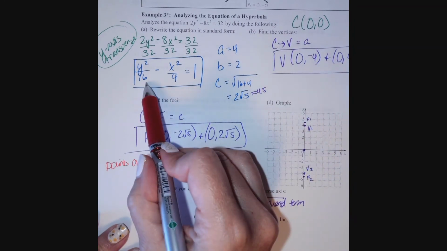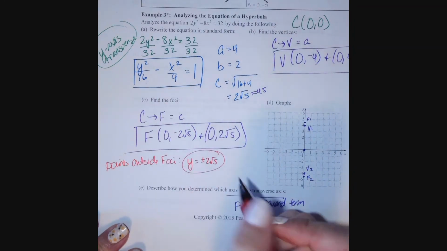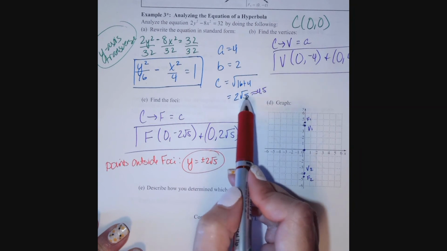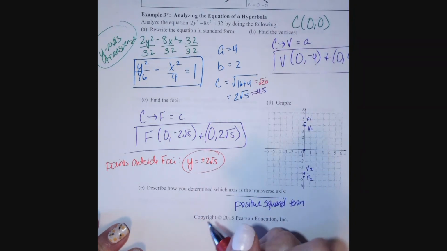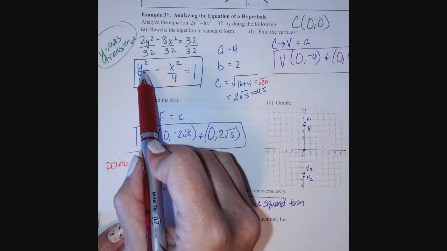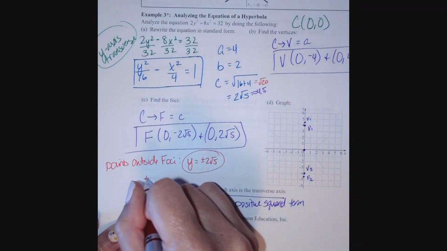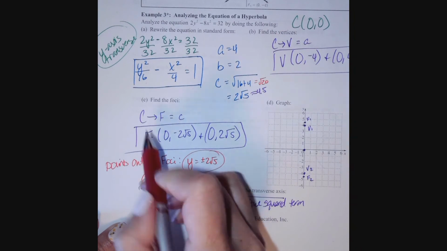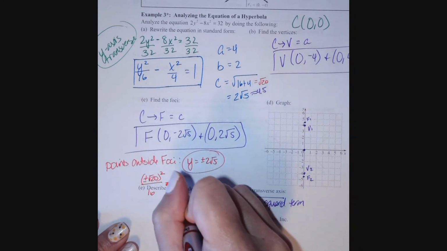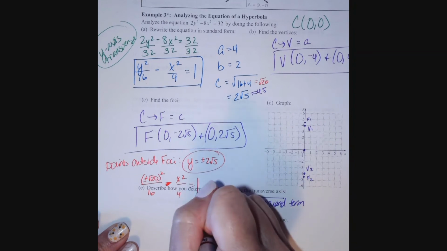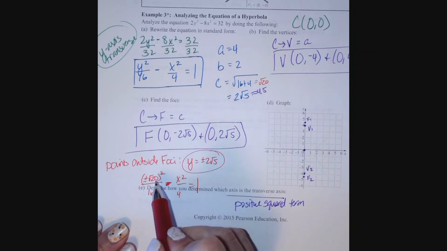So we go to our equation. We've got 2 square roots of 5, which was simplified from square root of 20, so we're just going to use that. When I plug that into my y, I say plus or minus square root of 20, squared, over 16 minus x squared over 4 equals 1. Well, square root of 20 squared is just 20.